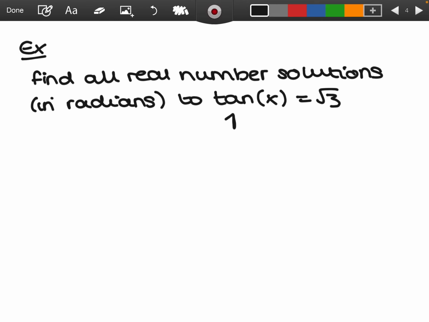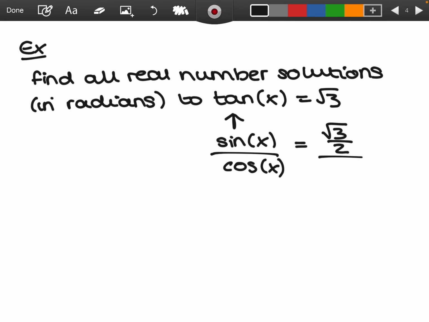What I would do here is remember that tan of x is sine x over cosine x, and the way that I would get the square root of 3 is either when sine x is equal to the square root of 3 over 2 and cosine x is 1/2, or when they are both negative.